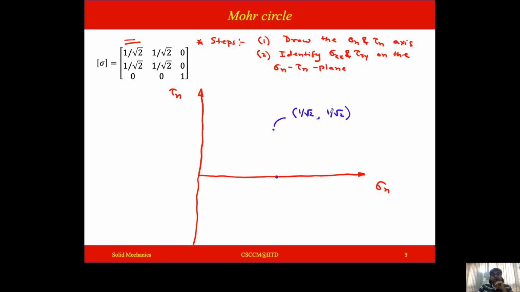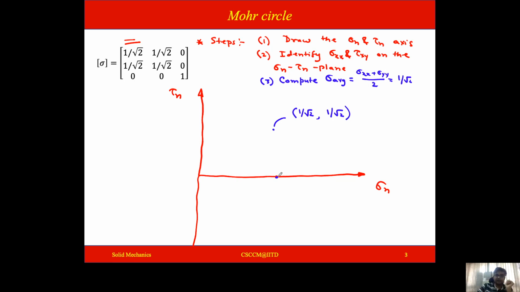Now the third step is compute sigma average, and sigma average is sigma xx plus sigma yy by 2, which is also 1 by root 2.